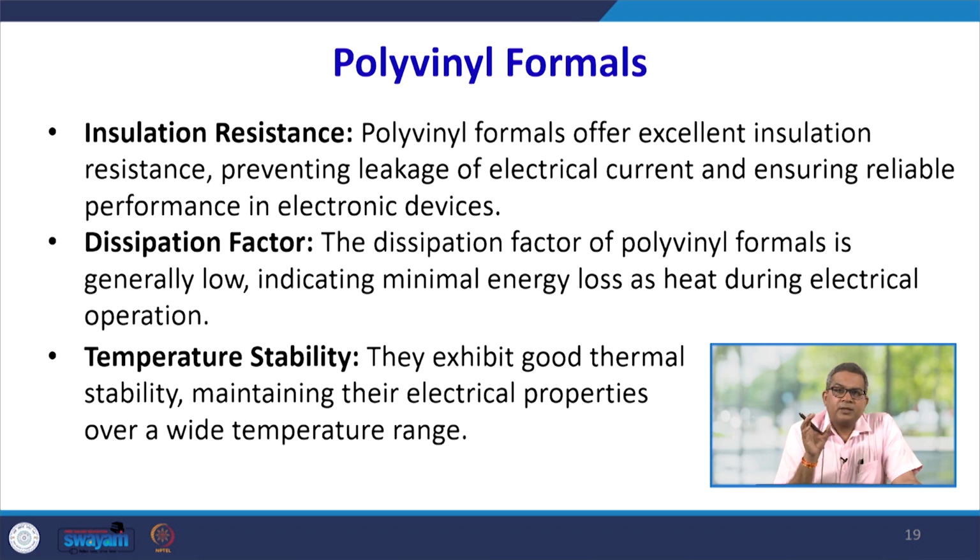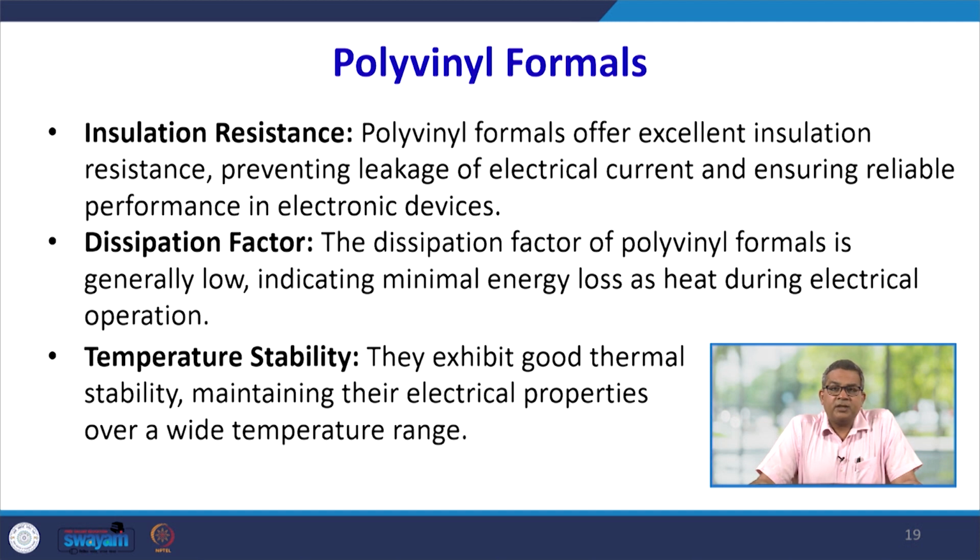Insulation resistance: polyvinyl formals offer excellent insulation resistance, preventing leakage of electric current and ensuring reliable performance in electronic devices. Dissipation factor: this factor of polyvinyl formal is generally low, indicating minimal energy loss as heat during electrical operation.